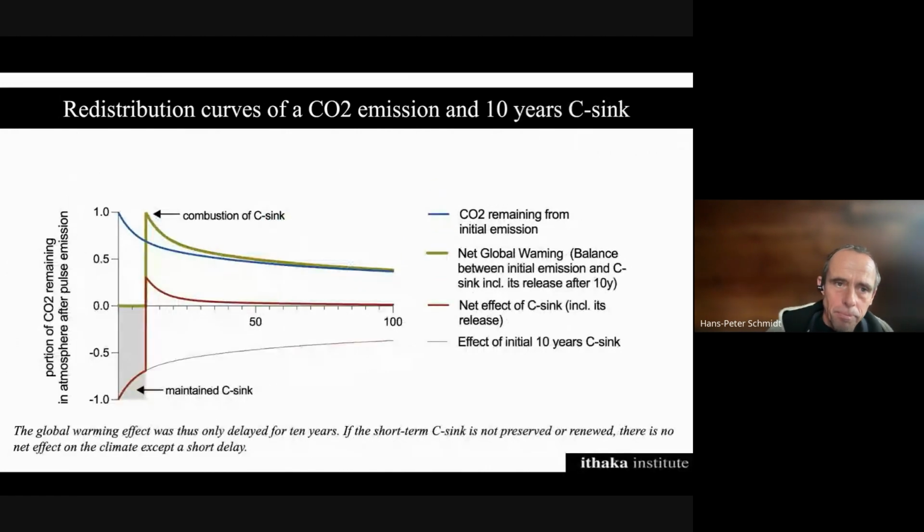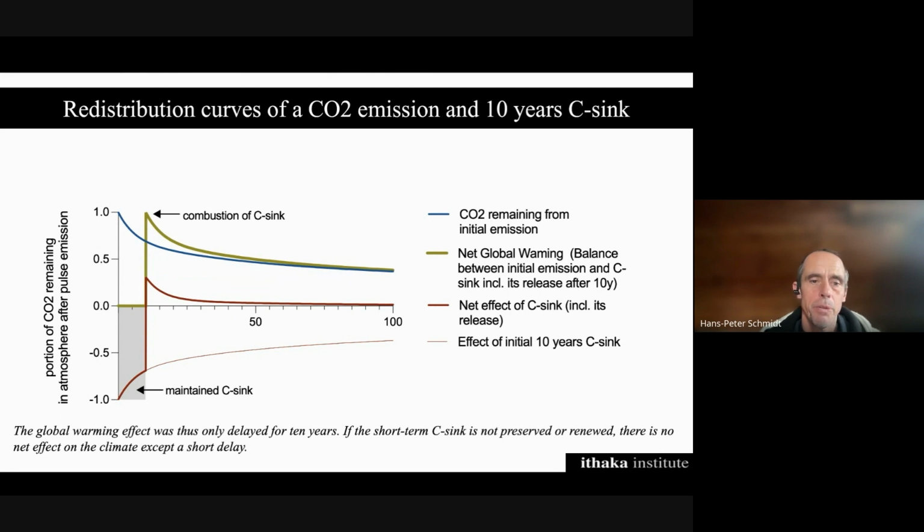And we can check now the system of even shorter carbon sinks, those temporary carbon sinks that we may know from intensive forest plantations, like 10 years. So what you do here, you have an emission, the blue line is again 1 ton, and you have a removal of 1 ton.